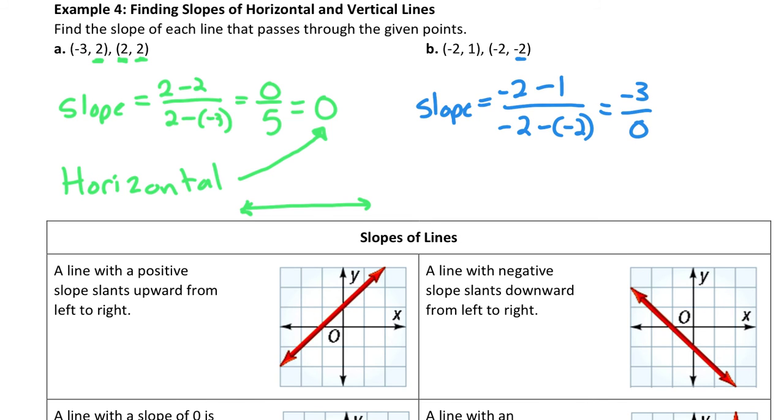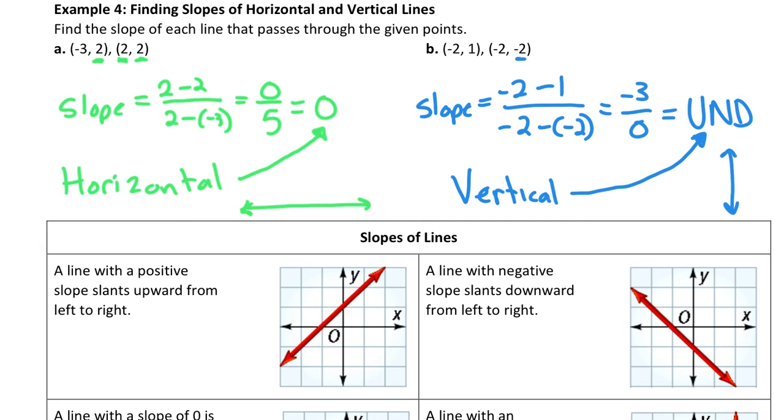And if you put negative 3 over 0 into your calculator, it is not 0. It'll give you an error. We describe this slope as an undefined slope, okay? Undefined slope. That creates a vertical line. And just a quick reminder, a vertical line is a line that goes straight up and down.